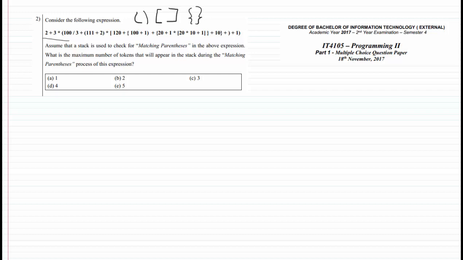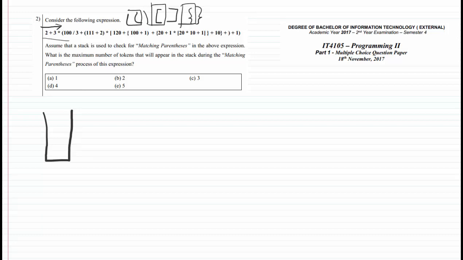For this we will need a stack, so I will represent a stack like this. To check for parentheses using a stack, we just traverse through this expression, and while traversing, we check whether a chosen character is a starting brace, like this one, or this one, or this one.